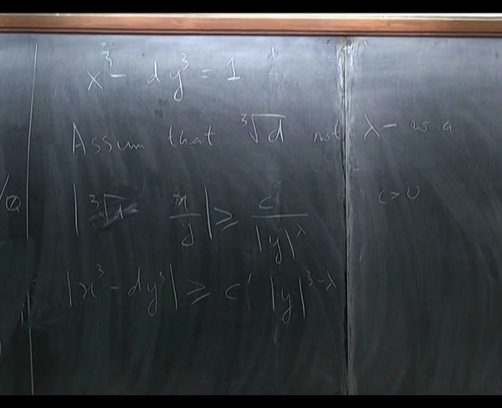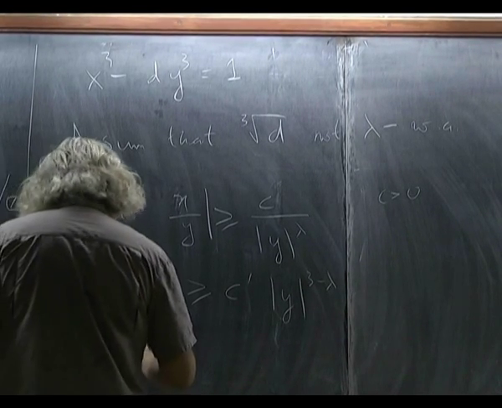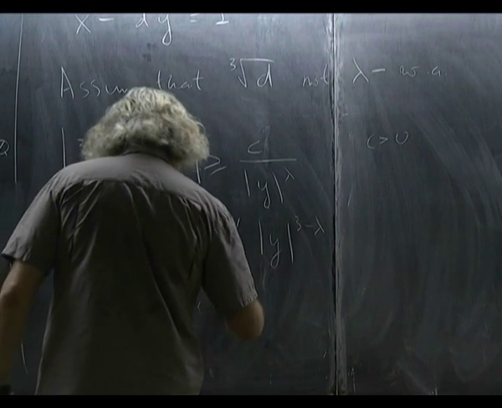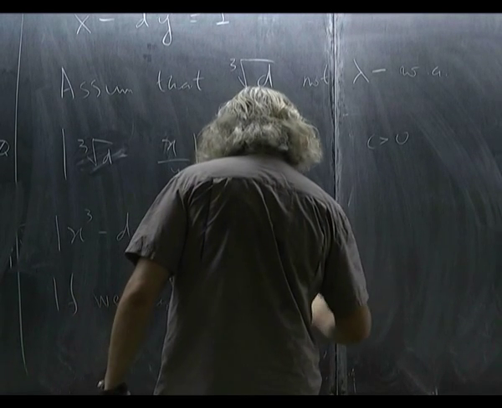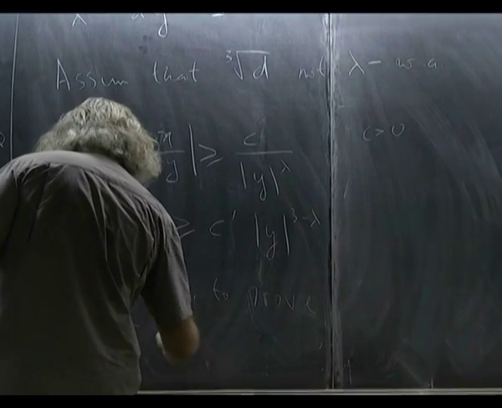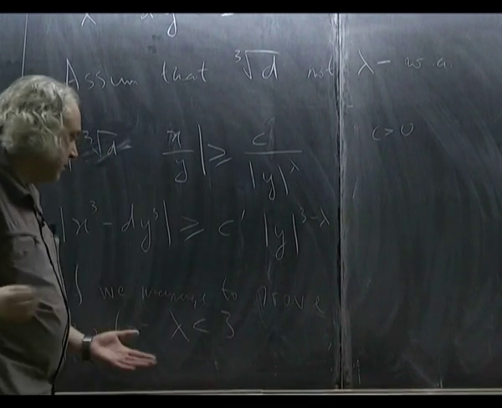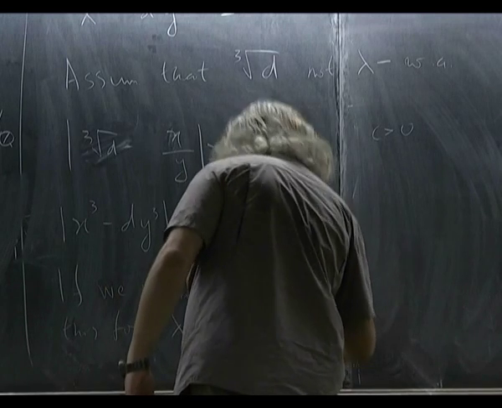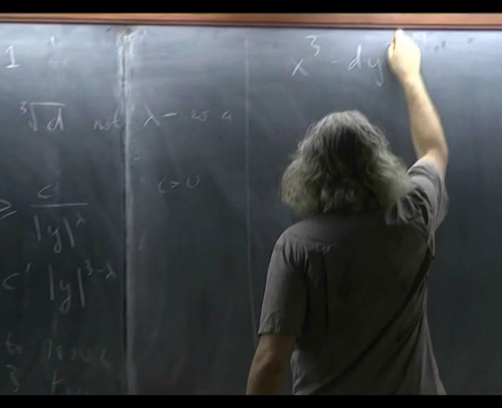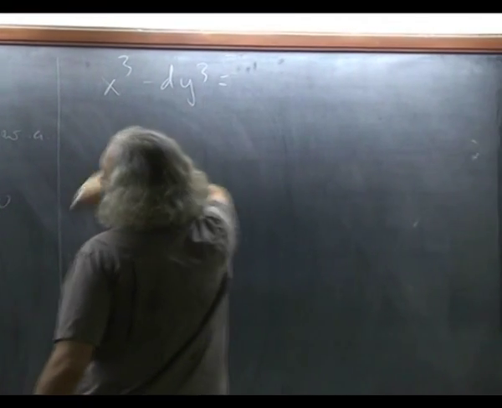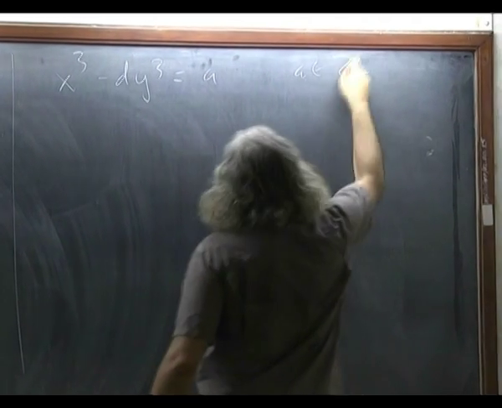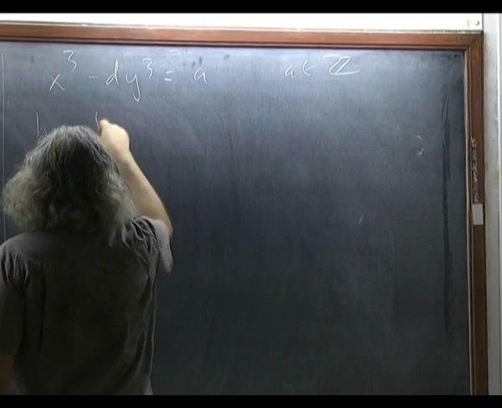And this means that if we manage to prove it for any lambda smaller than 3, then the equation x cubed minus d y cubed equal to 1, or equal to some other number, has finitely many solutions.